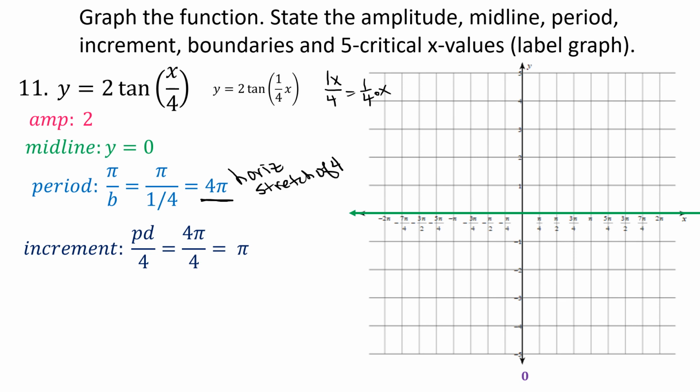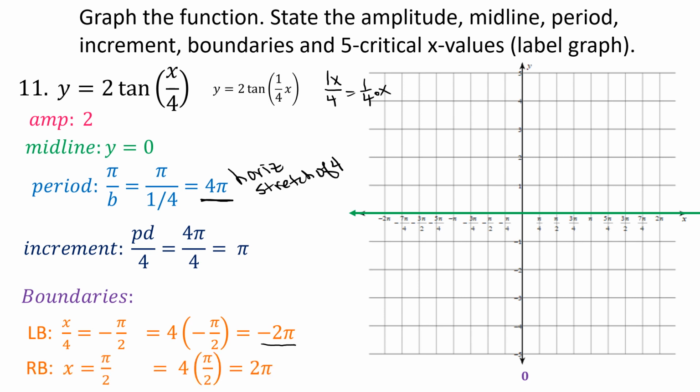Now let's get our boundaries. Set x over 4, or 1/4 x, equal to negative pi over 2 for the left boundary. Multiply by 4 on both sides of the equation and solve to get the left boundary to be negative 2 pi. Your right boundary can be found by adding the left boundary and the period, or set x over 4, oops, there's a little typo here, guys, x over 4 equal to positive pi over 2, multiply both sides by 4 and get 2 pi for the right boundary.